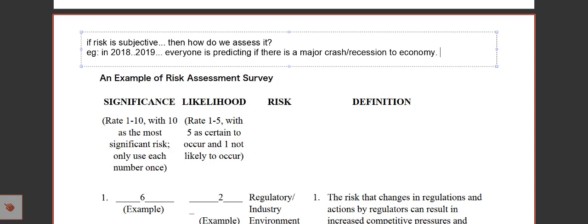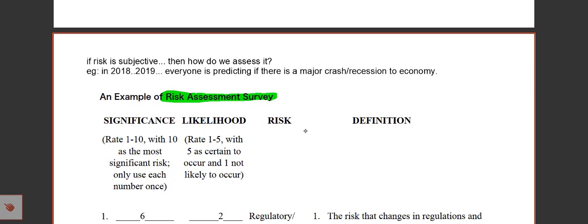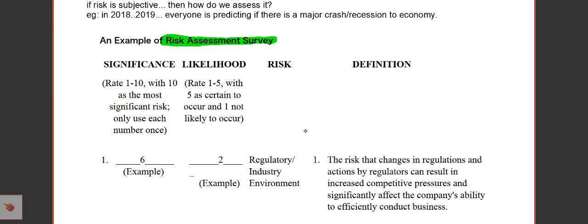Now, one of the ways people do it is through a risk assessment survey. What they do in a risk assessment survey is basically list down the various kinds of risks, and they will ask various people to give their assessment or their score.